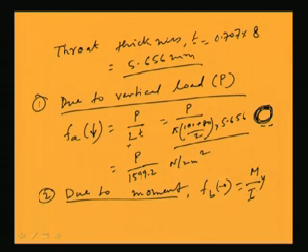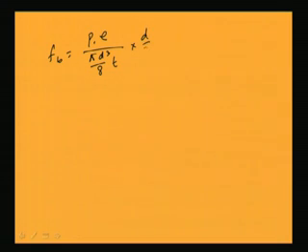M means P into E. I for this type of hollow section will be pi d cube by 8 into T. This is the I, and y is d by 2 at the maximum distance.